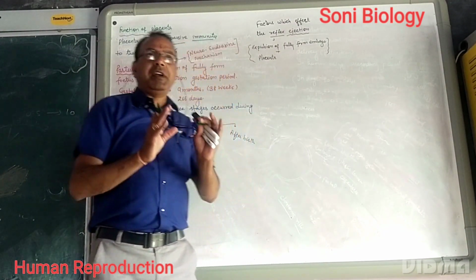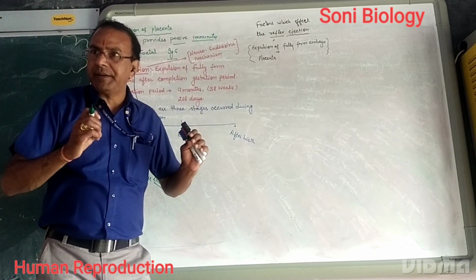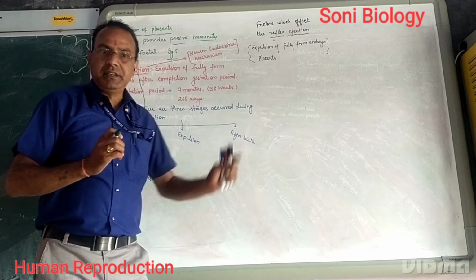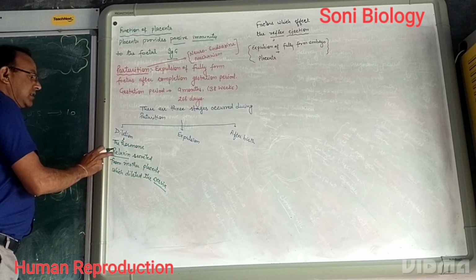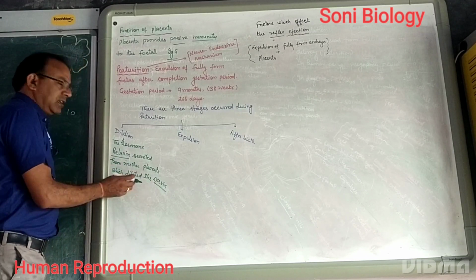In a normal baby delivery, the head comes out first through the vaginal part, followed by the whole body. So, as the relaxin hormone is secreted by the mother's placenta, the cervix dilates.